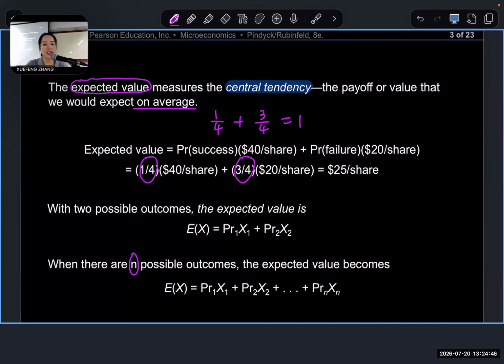Don't be scared by the notation. It's exactly what we did, okay? You just take probability times the outcome and then sum them up. This is how we calculate expected value.